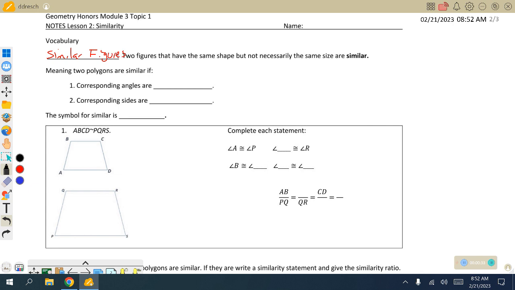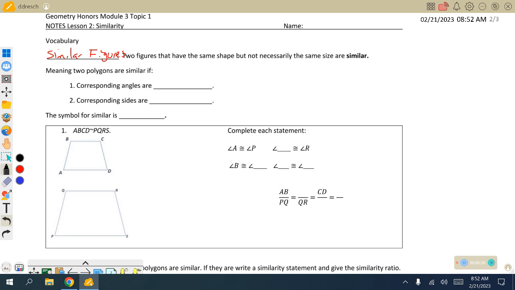So these similar figures, we could be talking about quadrilaterals, pentagons, hexagons, triangles, whatever the case might be. As long as they're two figures that have the same shape, but they don't necessarily have to be the same size, those are considered to be similar.